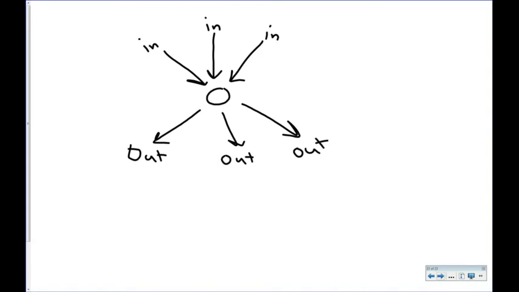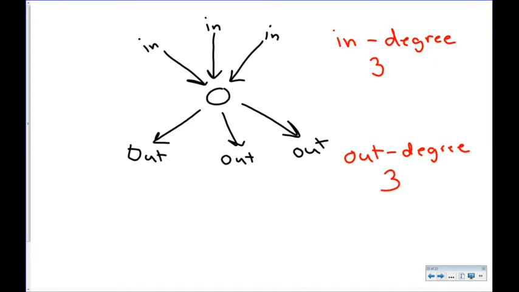In tree studies, we do this by measuring what's called the in degree of a particular node and the out degree of a particular node. So the number of branches going in, in this case 3, is its in degree. The number of branches coming out is its out degree, in this case 3.